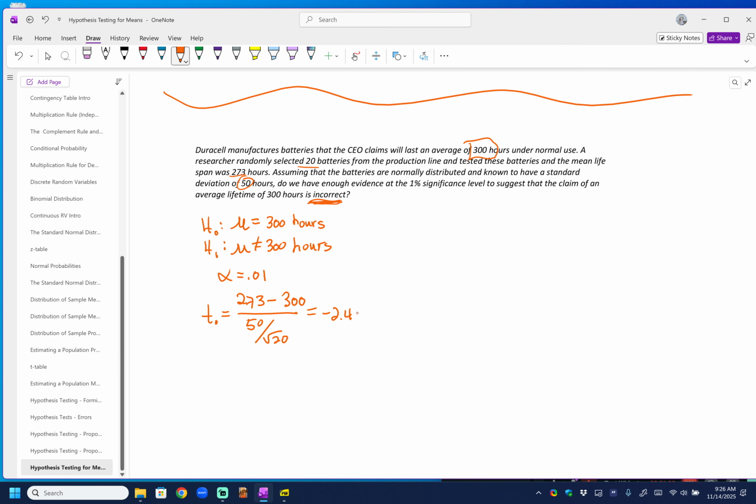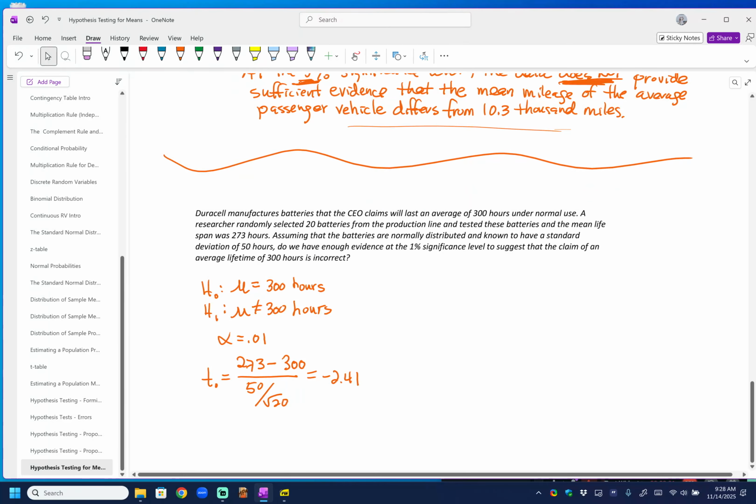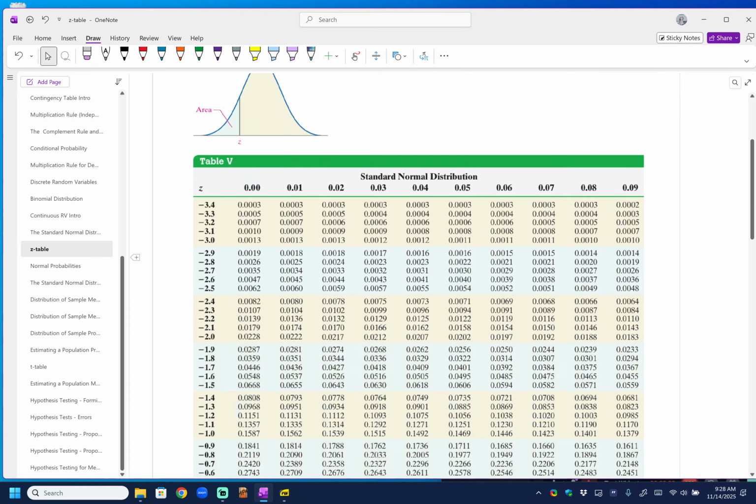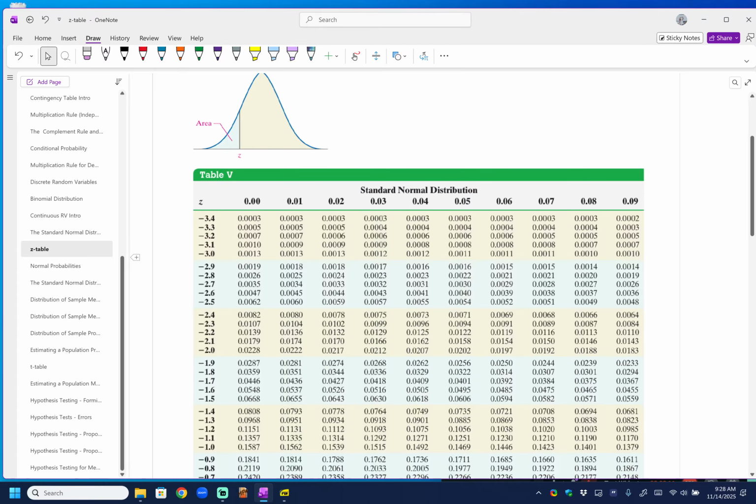As I mentioned before, this is when we run into issues. So we cannot look up negative 2.41 in the z table because, if you recall when we were talking about t-distributions in some of the earlier lessons, t-distributions are flatter distributions with higher tails. They don't have the same area distribution as the standard normal distribution, except at the highest sample sizes.